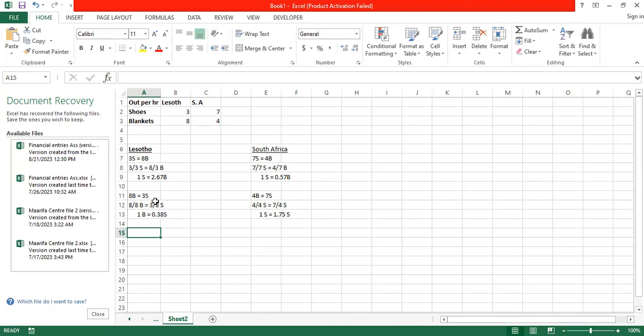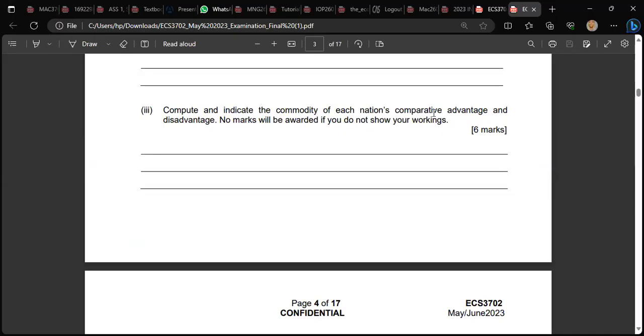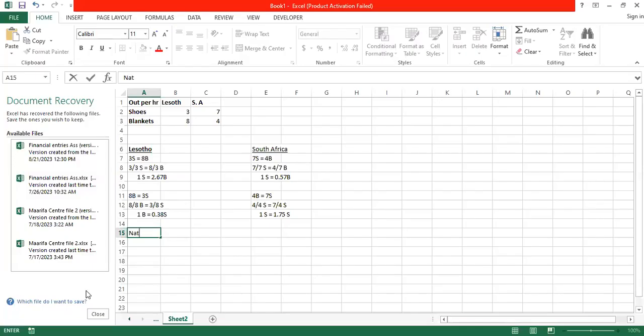So based on this now, you can then start off and say, all right, the opportunity cost, okay, maybe we can, they want us to do what? The comparative advantage. Let me go back to the question so we phrase it correctly. Compute and indicate the commodity of each nation's comparative advantage and comparative disadvantage, right? So this is how I would write it. Let's say South Africa has a comparative advantage, my spelling, right?